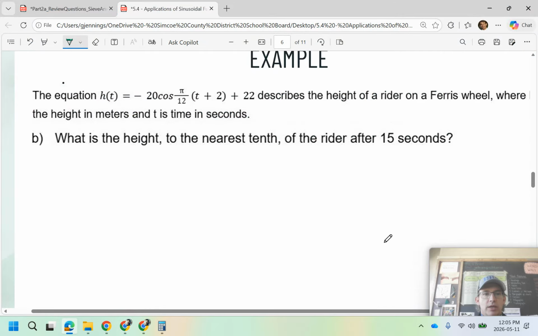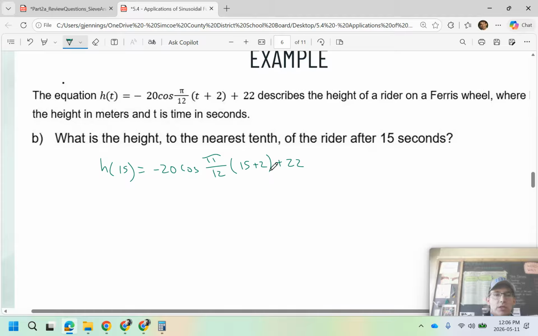Let's keep going. What is the height to the nearest tenth of the rider after 15 seconds? We are asked to evaluate h at 15, and that's equal to minus 20 cosine of pi by 12 at 15 plus 2, plus 22.